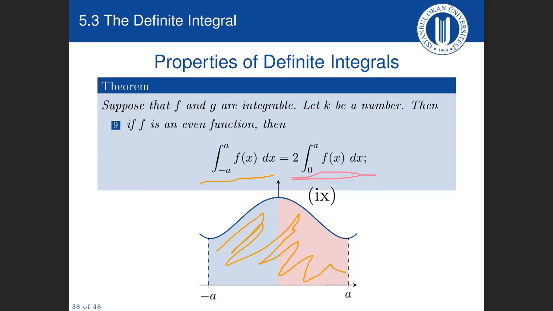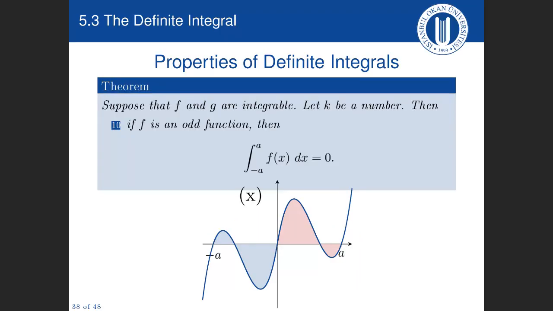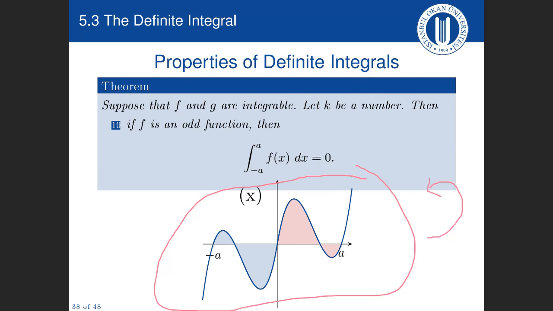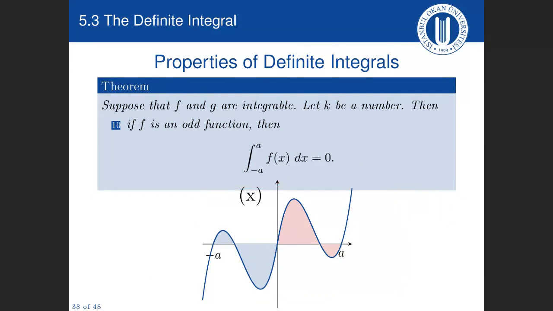Rule 10, the final rule, is about odd functions. An odd function is a function where we can take the graph and rotate it by 180 degrees, and we have exactly the same graph. If f is an odd function, then the integral from minus a to a of f of x dx is equal to 0.